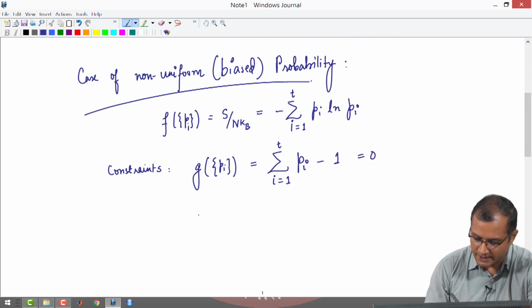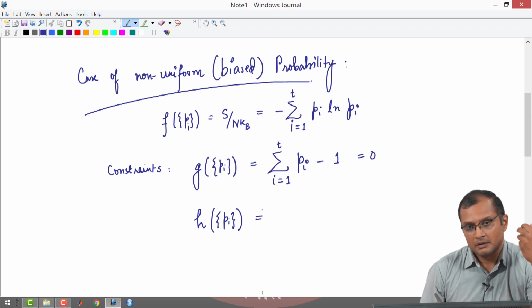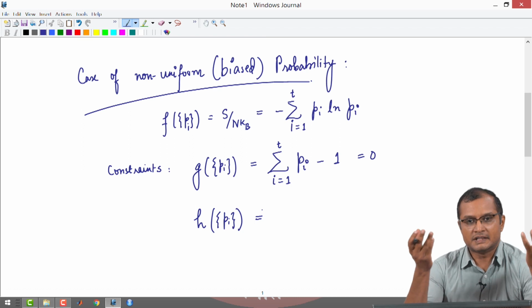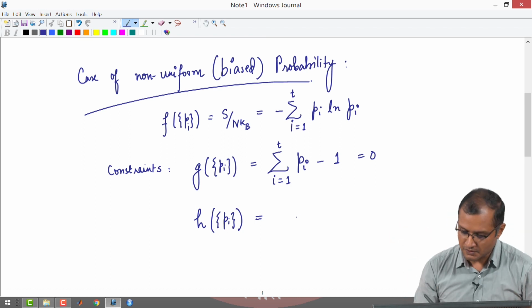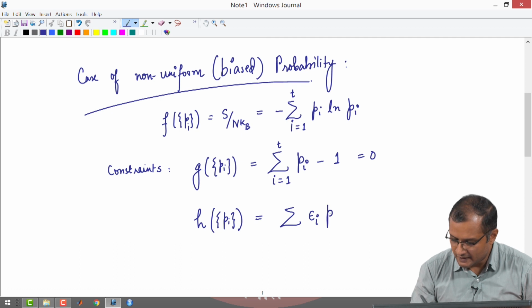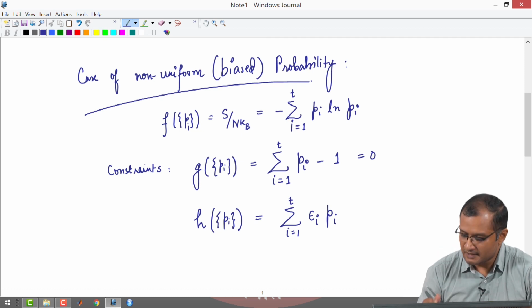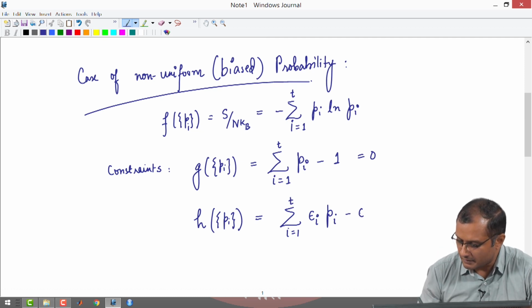This is one constraint, and I have another constraint now. I call it a function h, which is a function of all these probabilities, as the average outcome is fixed to some epsilon. The average would mean I call the outcome of each face epsilon_i with the weight p_i, and i is summed over all t possible outcomes, and this is nothing but epsilon.